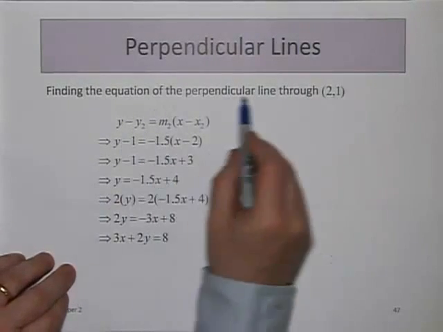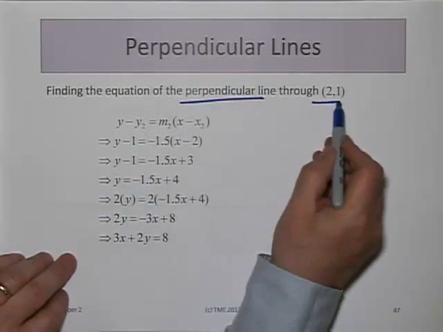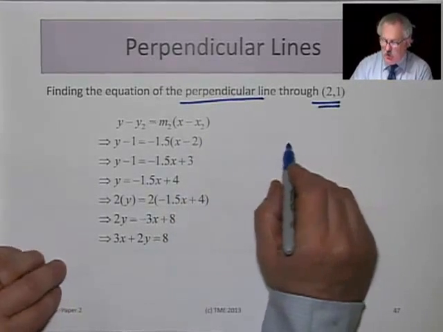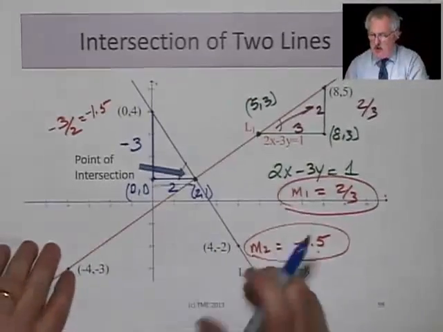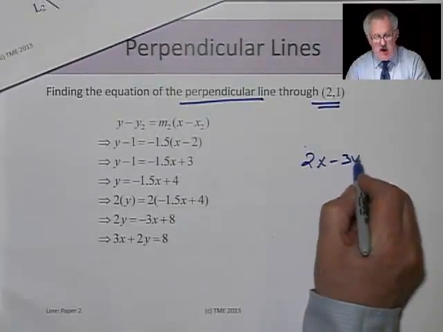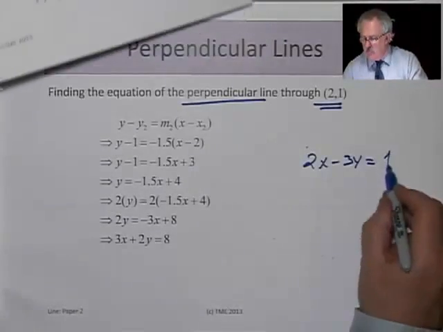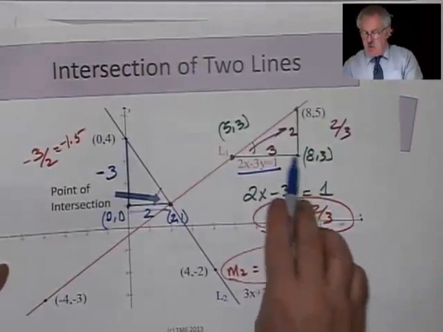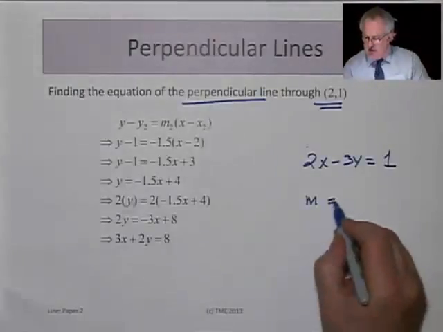As it turns out, we're asked to find the equation perpendicular through 2, 1. We go to 2, 1, and we were told the equation through 2, 1 is 2x minus 3y is 1. From this equation, we found the m for line 1 was 2 over 3.